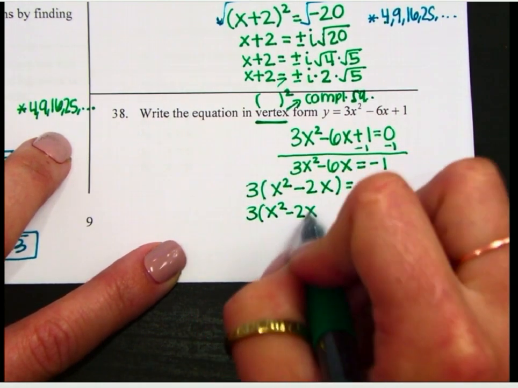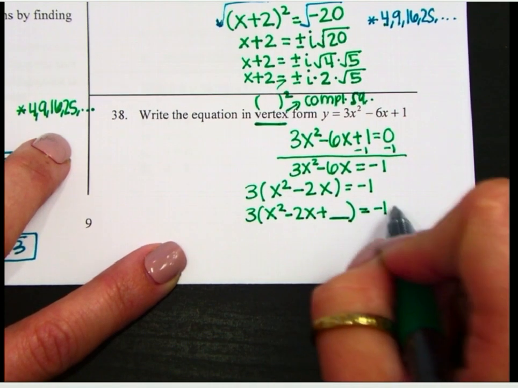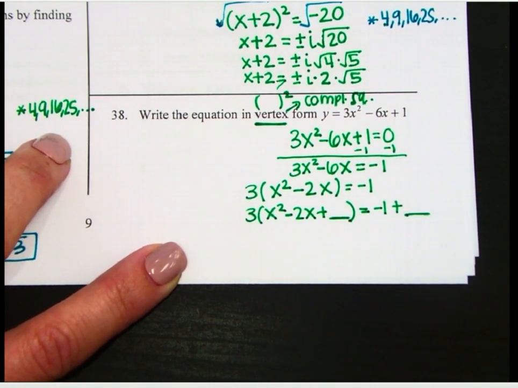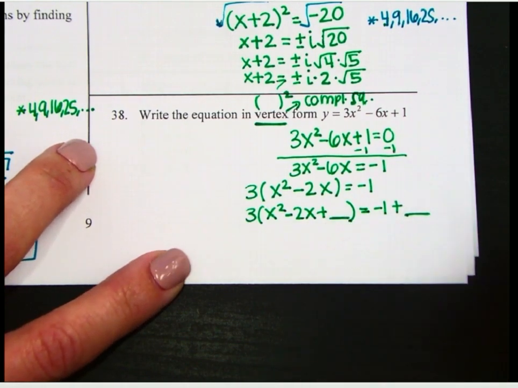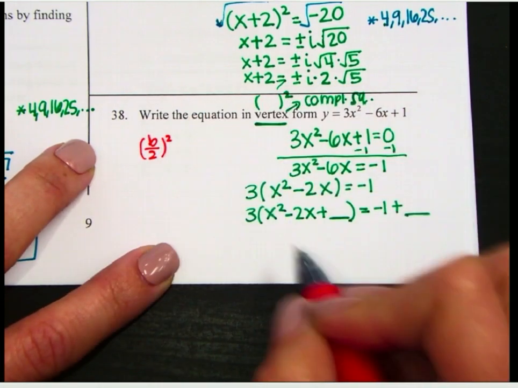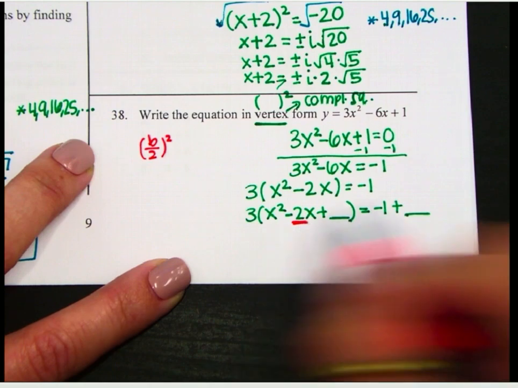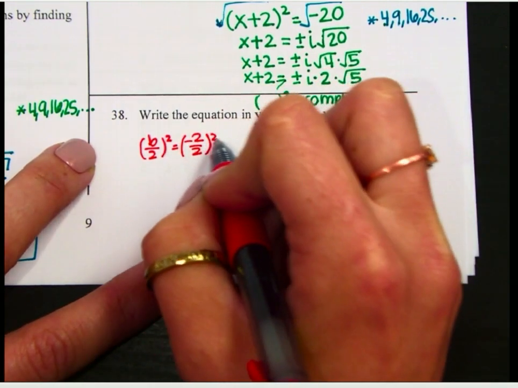So I'm going to need to complete the square for my trinomial on the inside of the parentheses, and we're also then going to be adding a number to the other side. To figure out what number to add for completing the square, we will use the formula again, b divided by 2 squared. But this time, our b is negative 2. So negative 2 divided by 2 squared.